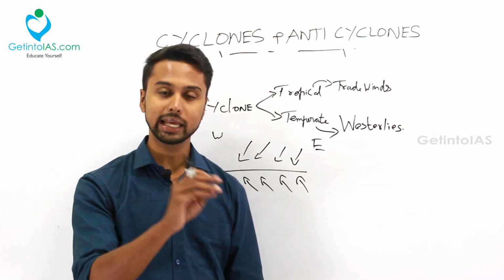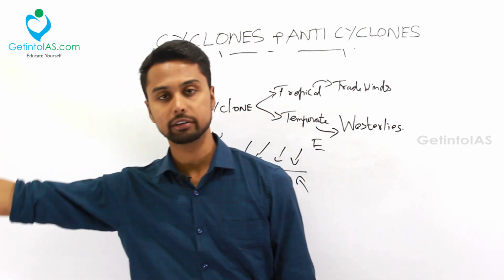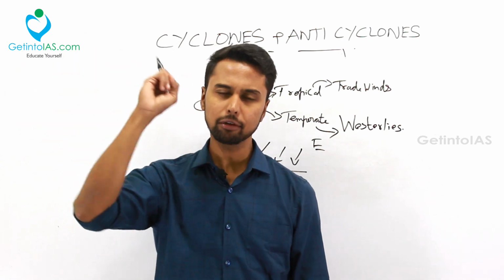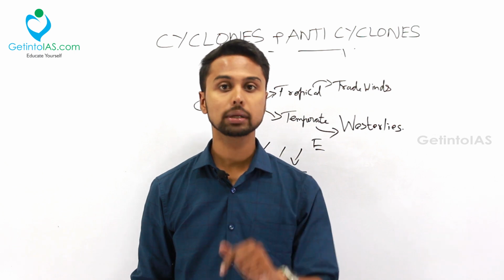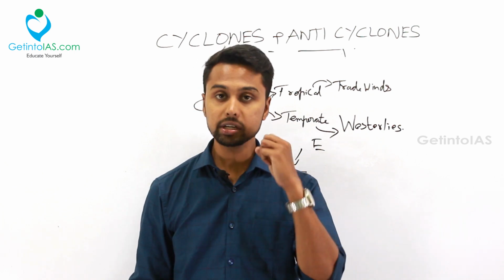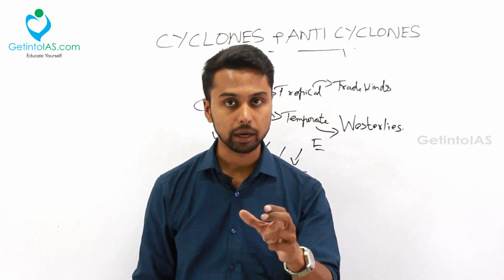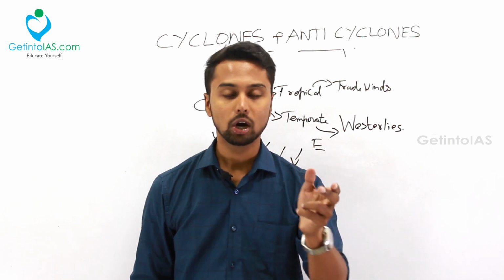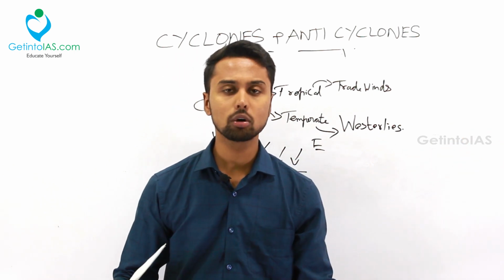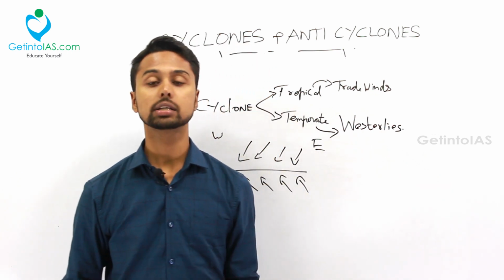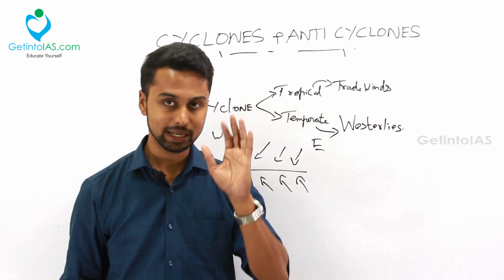In tropical cyclone there will be a heavy rainfall but for a short duration, which is actually very dangerous, because there are heavy showers for a shorter duration of time. So it may lead to flood. On the other hand, in the temperate cyclone, there is less rainfall for a long duration, so there is no formation of flood and all. So this tropical cyclone is always dangerous. That is the third difference.